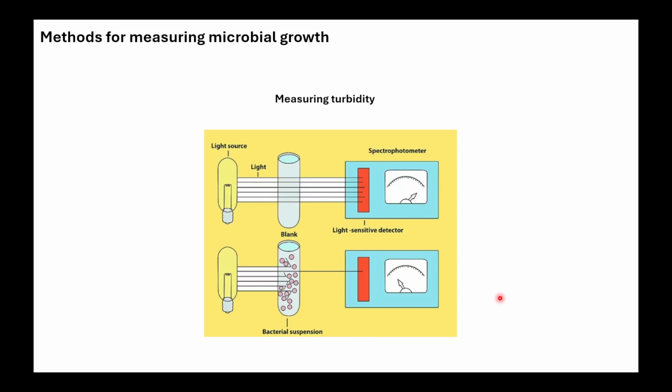A, or absorbance, is directly proportional to the concentration of the sample being tested. So as the concentration of the sample increases, here the number of bacterial cells in the medium, the absorbance value will increase. And in the case of bacterial medium, the wavelength we use to detect the absorbance is 600 nanometers.